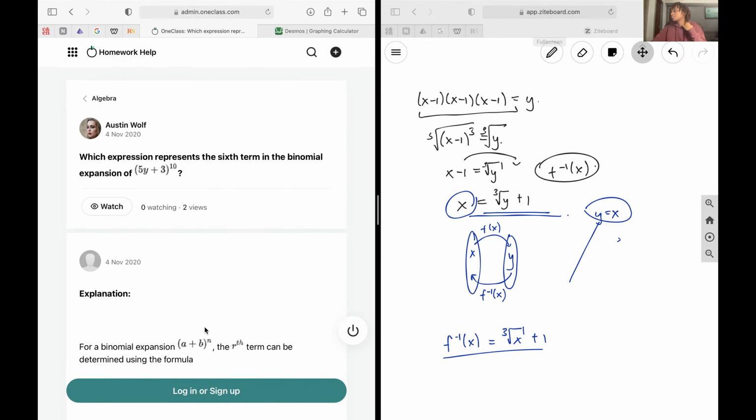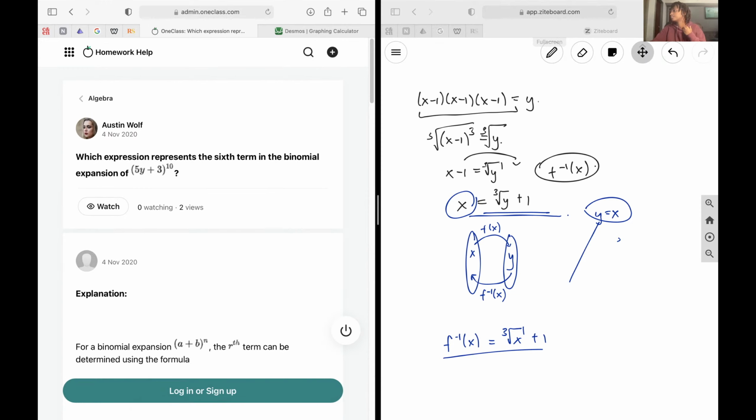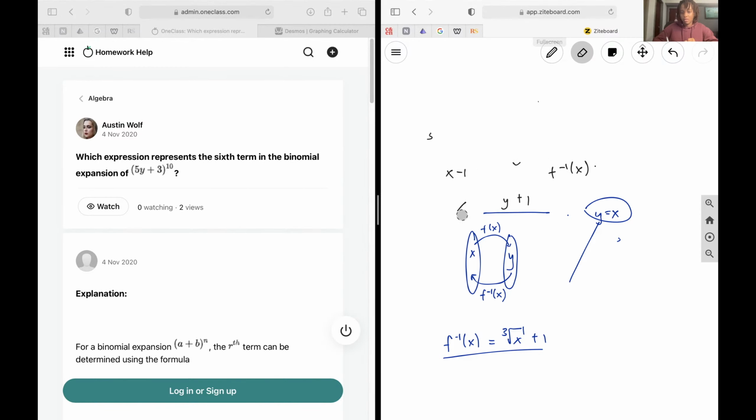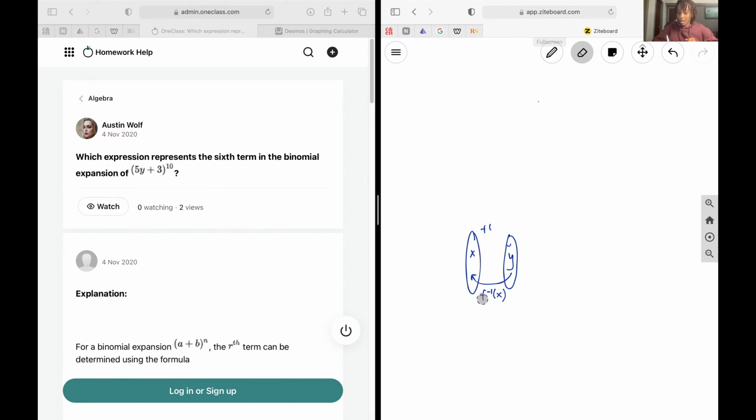Okay, next up we're dealing with a binomial. Okay, so there are a couple of ways to do this. Typically, if there are many ways to do something in math, they both represent doing the same thing, but one is derived off of the other just to speed things up.